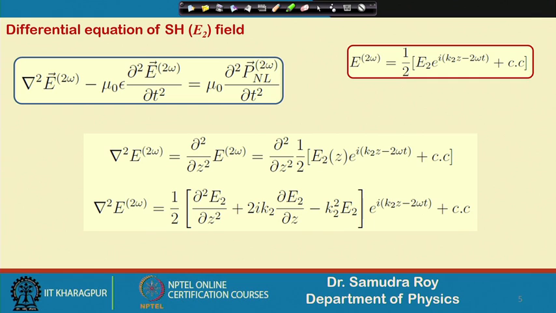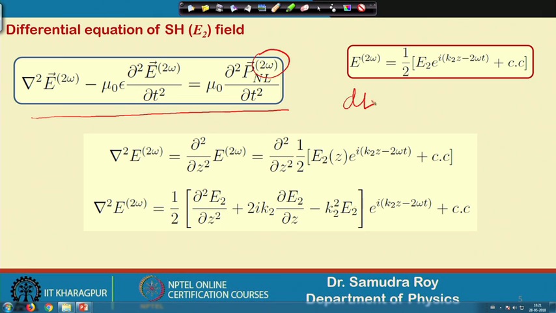Okay. So, first, this is our nonlinear Maxwell's equation, and it is written for the 2 omega term. Why are we using this particular equation? Because our goal here is to find an expression like dE2/dz, which is something we are going to find out.